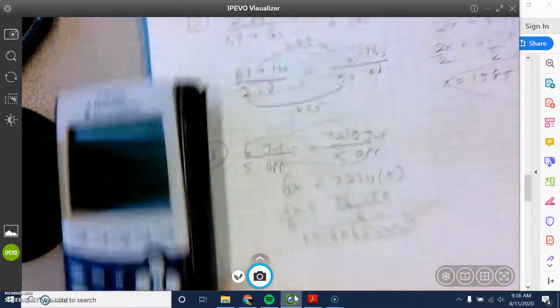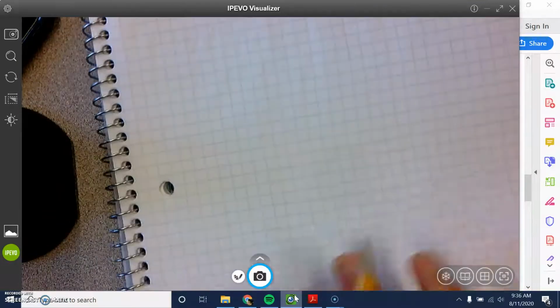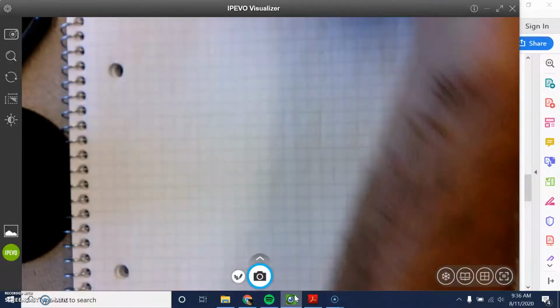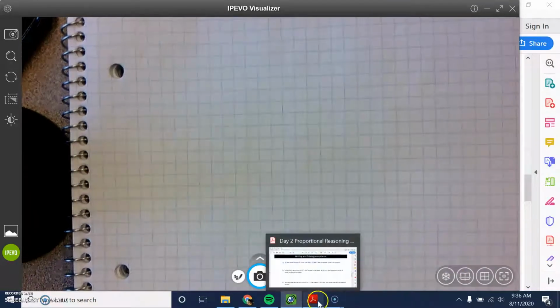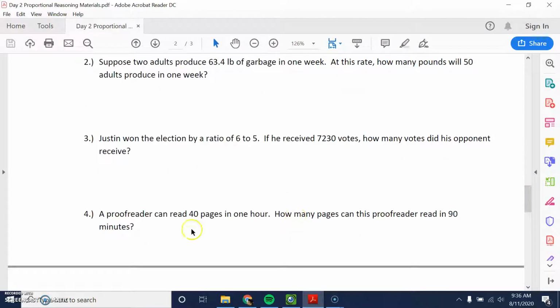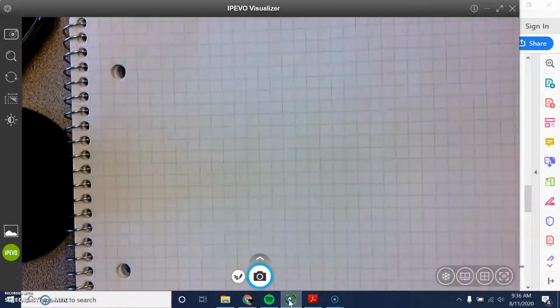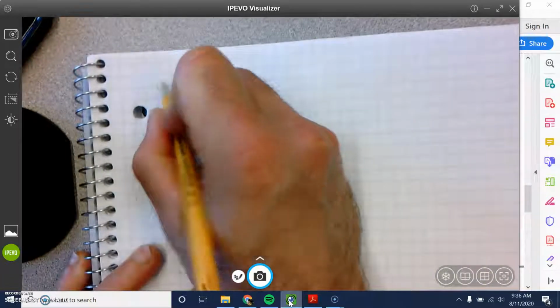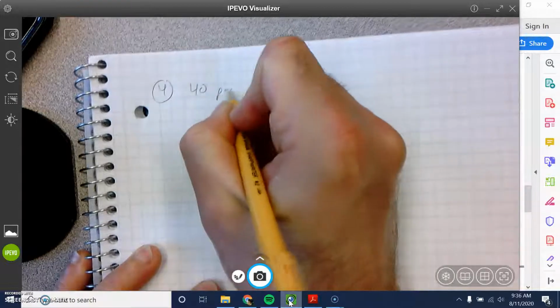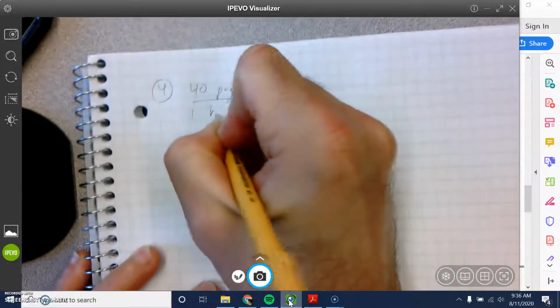Cool. All right. Now, one tricky one to finish. Let's check it out. Scroll down. Last one. A proofreader can read 40 pages in an hour. How many pages can this proofreader read in 90 minutes? Okay, let's get our ratios down. So 40 pages in an hour. So 40 pages, 1 hour.